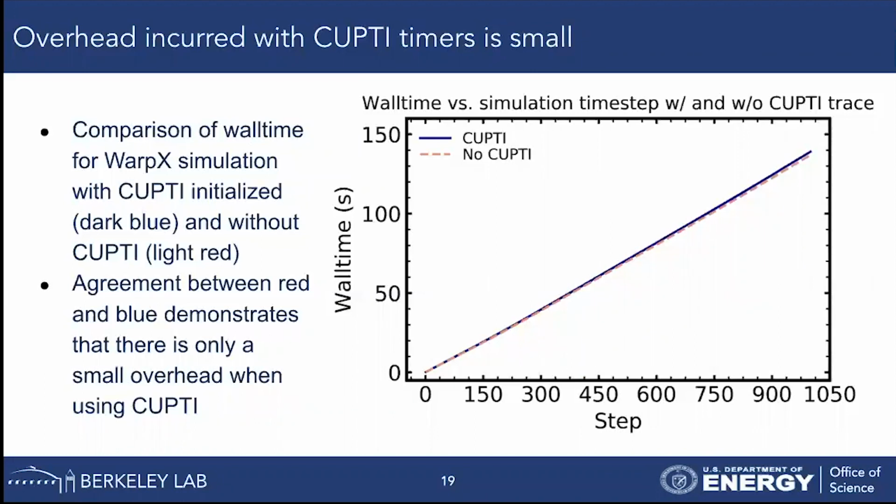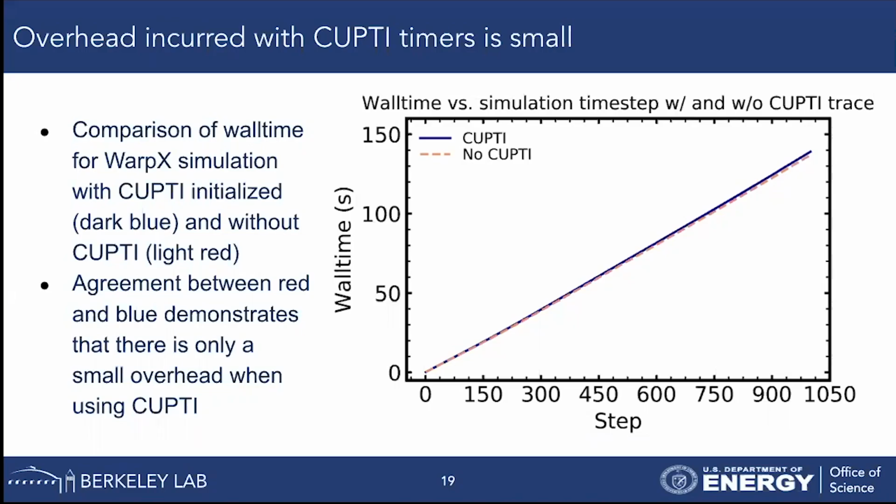Okay, another result here is to show the overhead that's actually incurred by using the CUPTI timers in WarpX. As I said before, the overhead looked small in that bar plot where I was comparing the ideal sleep times versus what we measured with CUPTI. And now this is a more realistic case where you're launching lots of kernels, and for all of the kernels, activity records will be captured.